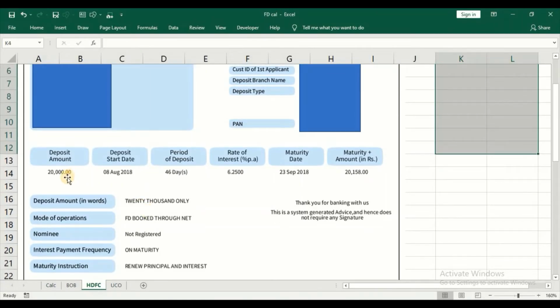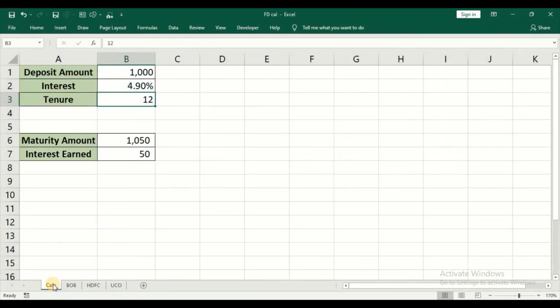So you can see that the deposit amount is 20,000. The period is 46 days and the rate is 6.25%. And here the period of deposit is in terms of days. If it is in terms of days, the calculation goes a little differently. Your interest earned will remain the same, but you need to make changes to the formula of the maturity amount.